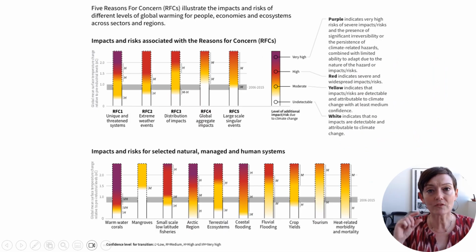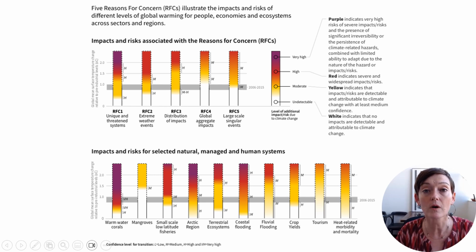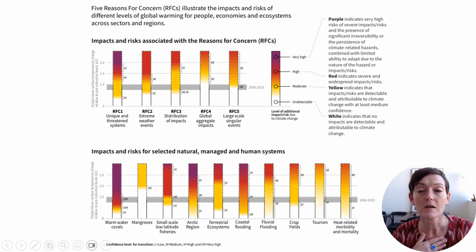So every little degree or part of a degree matters a great deal to the risks for our planet, for our ecosystems, and for us as humans who are experiencing droughts and floods and forest fires and hurricanes.